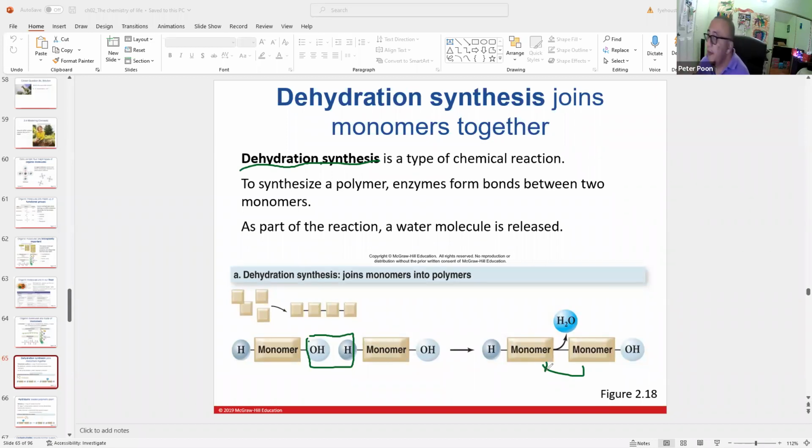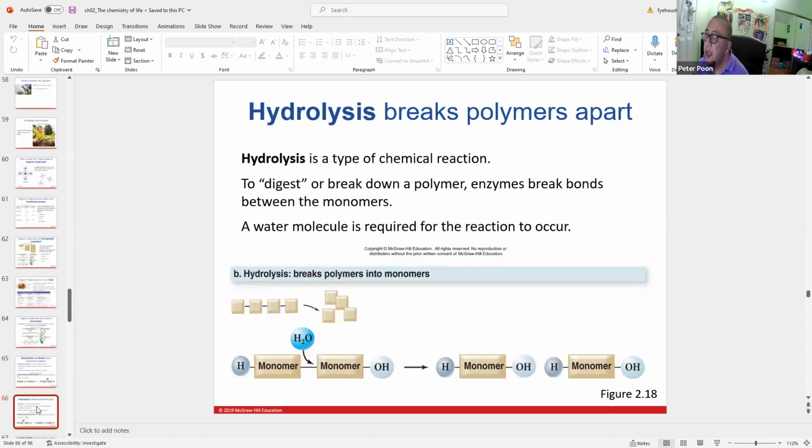The opposite of dehydration synthesis is hydrolysis. Hydrolysis breaks them apart. Hydro is the use of water, lysis is to break apart. So I use water to do the opposite: I attach OH to one side and H to the other side, and then I'm back to where I was before.